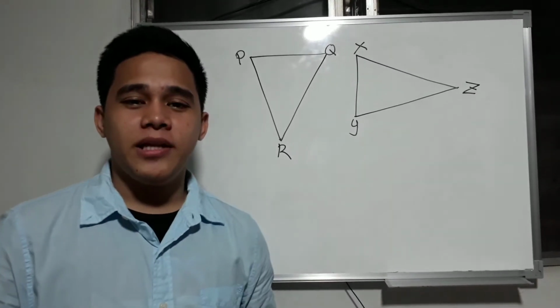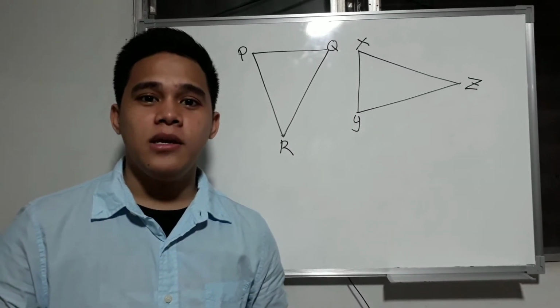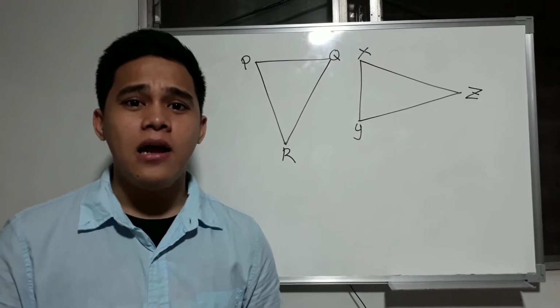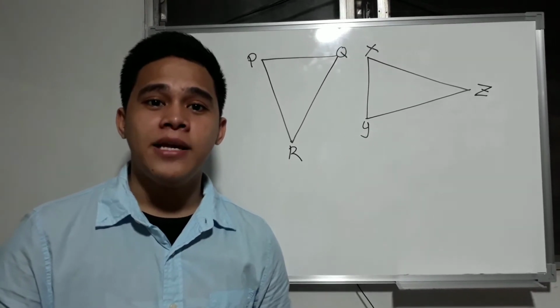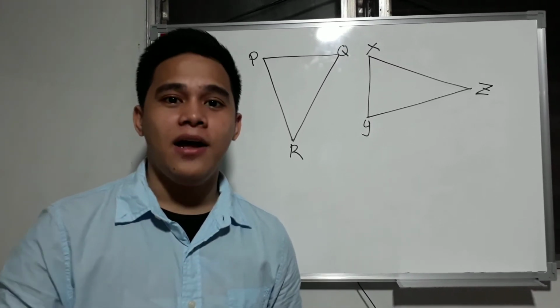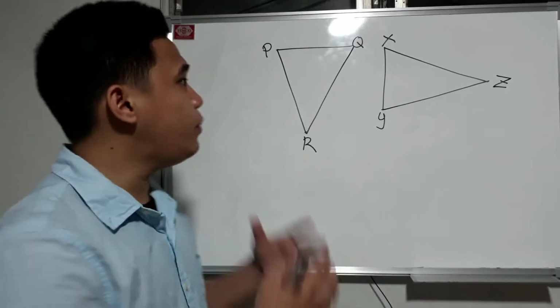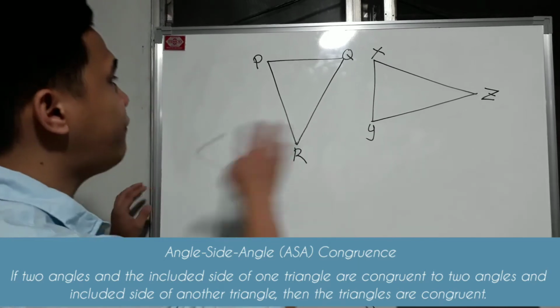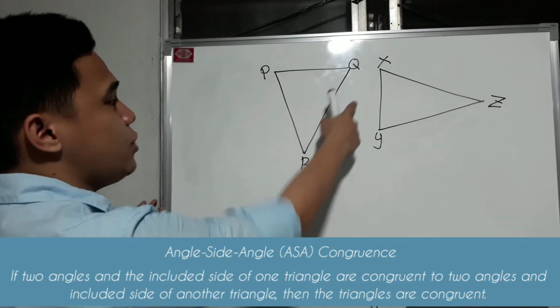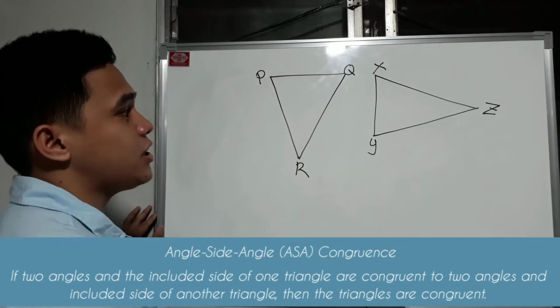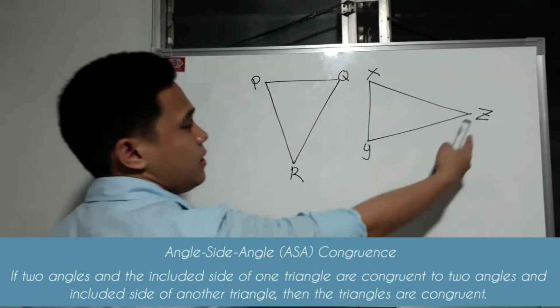The third postulate on triangle congruence is the angle-side-angle congruence, or simply known as ASA congruence. So this postulate states that if we have two triangles, let's say the first triangle is triangle PQR and the second triangle is the triangle XYZ.